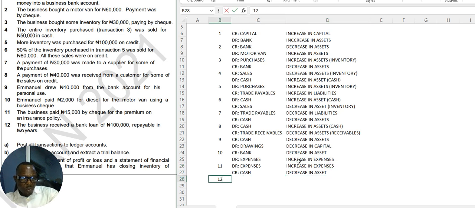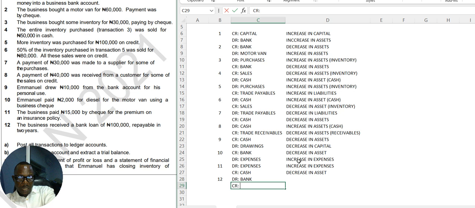Then the last one on this question says the business received a bank loan of 100,000 naira, repayable in 2 years. The business received a bank loan. You will debit bank, and you will credit non-current liabilities, or you put credit liabilities.